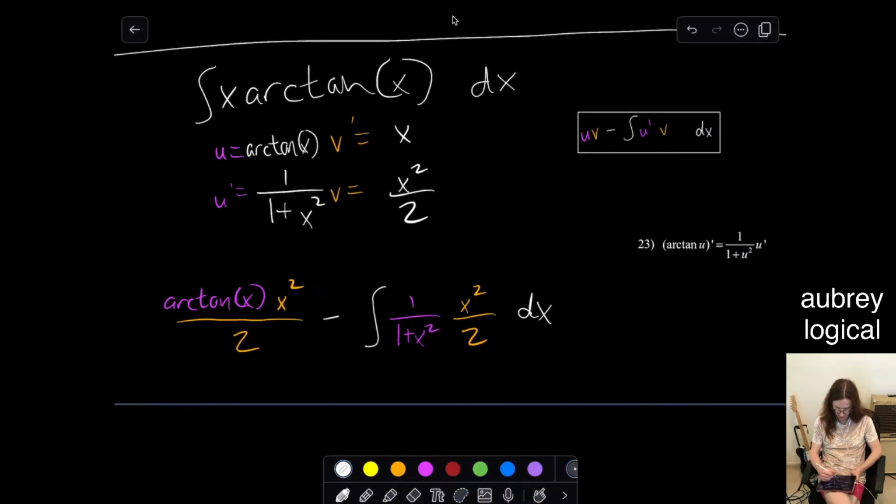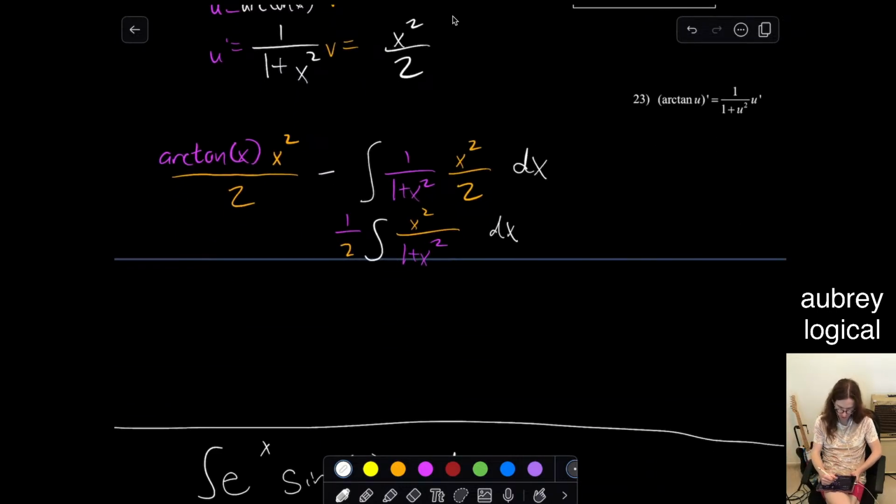So if we pull the 1/2 out here, it's going to be x squared over 1 plus x squared, which we can rewrite as x squared over 1 plus 1.